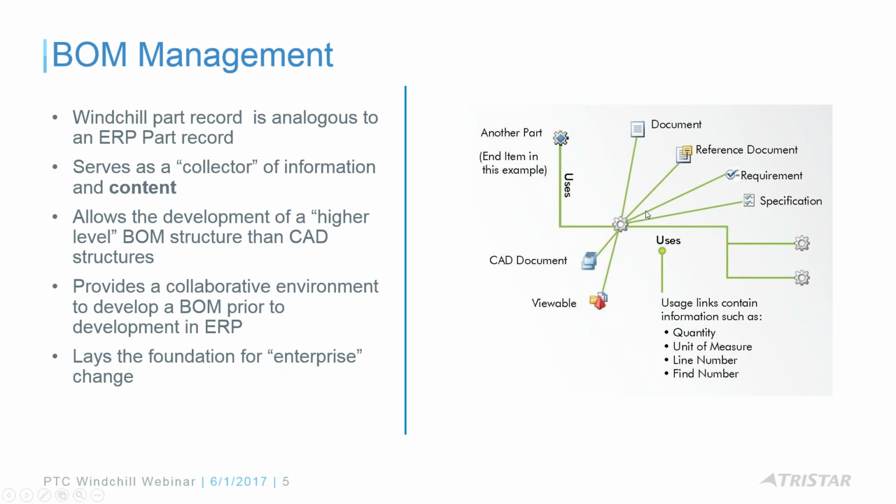It's just a container of information, and it's the mechanism to enable functionality with Windchill, such as BOM management, ERP integration, supplier management, document management, and so on. So it's really the foundation of enabling enterprise change, right?